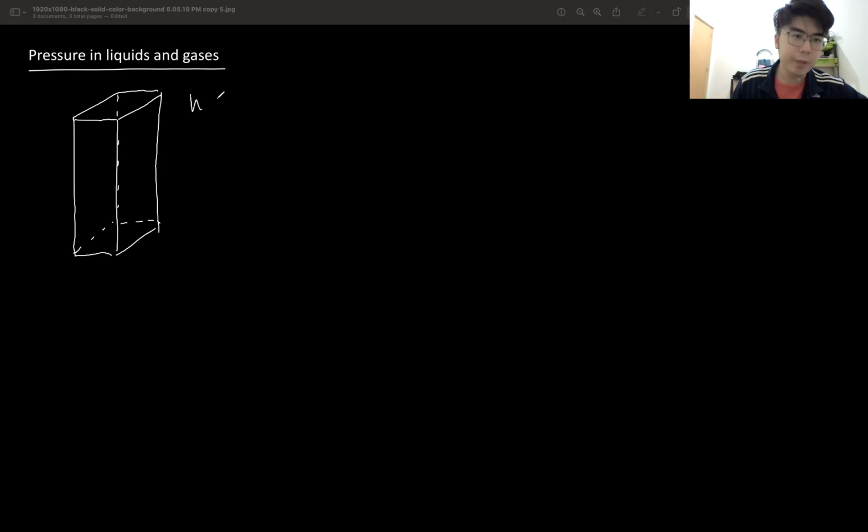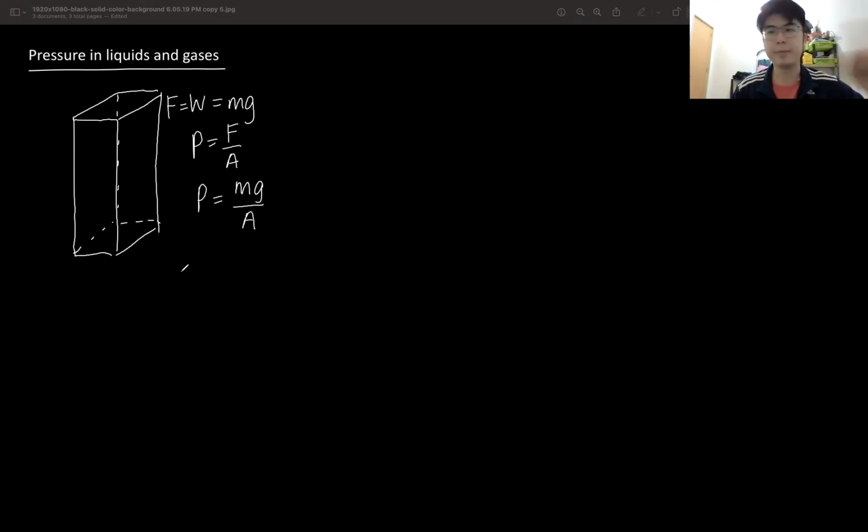So the weight is mg. I can also write the force, mg, and pressure is force per unit area. How much force is acting on one unit area? So if I put it in my equation, I get P equals mg over area.